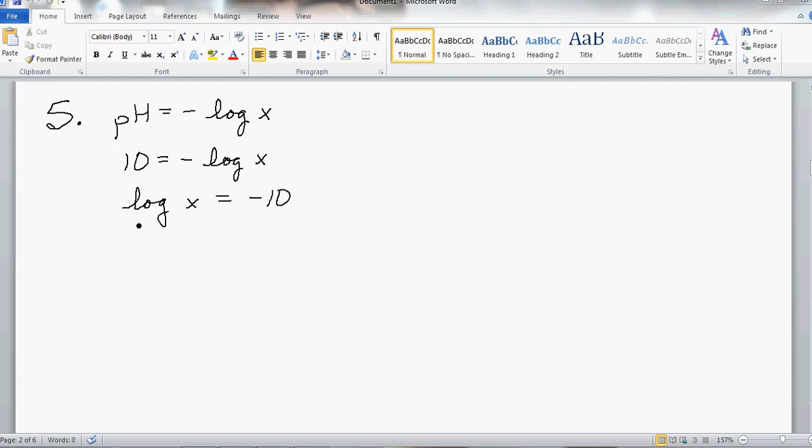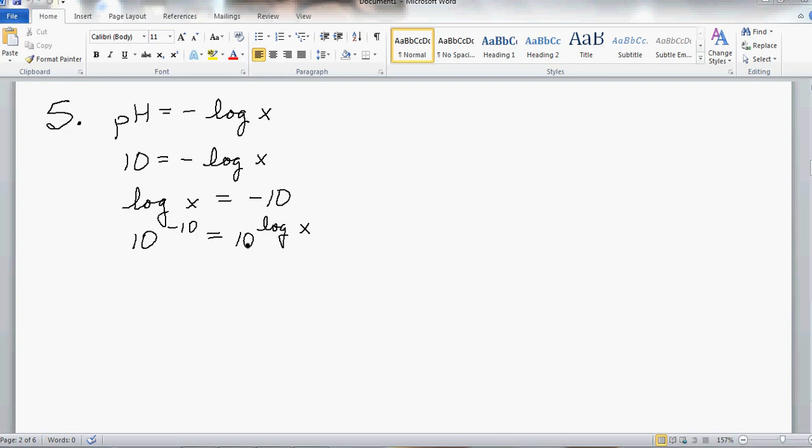And take 10 to both powers here, and so it'll become 10 to the -10th power equals 10 to the log of x. Now the reason I chose 10 is because anytime we don't have a base here, we actually have to say that that is the common logarithm, which means base 10.